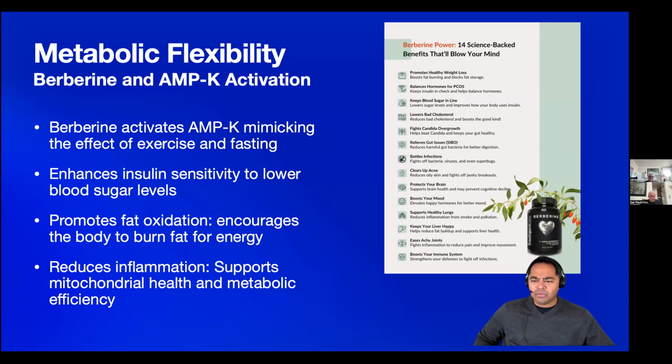I don't know if I've ever recommended berberine to either of you guys, but it's a supplement that I actually love. I take it on a regular basis. It is thought that berberine has a similar effect to a drug called metformin, if you've ever heard of metformin before. So it's just the more natural version of that. And I just came across something a little bit sinister: berberine mimics a lot of what these GLP-1 drugs do.